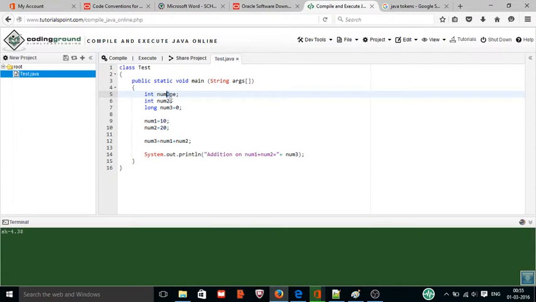Similarly, I want to change this to numTwo, T-W-O. This is how we have to follow the rule. If one word is there, don't bother about that, it is lowercase. If you use more than one word as a variable name, then your second word must be uppercase. In this case, O and T are uppercase. So I am making the changes so my program can be run.